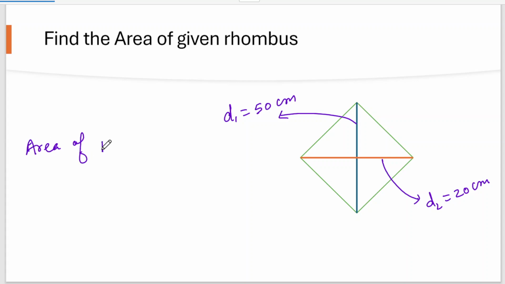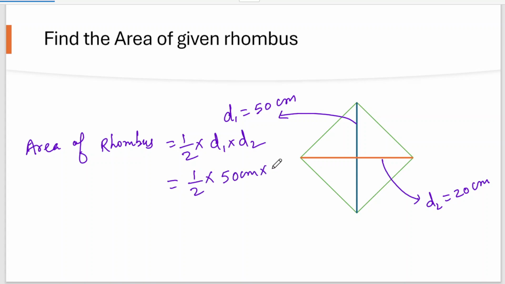Area of rhombus equal to half into D1 into D2. So what is that? Half into, what is D1? 50 centimeter. What is D2? 20 centimeter. Now you cancel out 2 into 25 centimeter, that is 500 centimeter square or square centimeter.